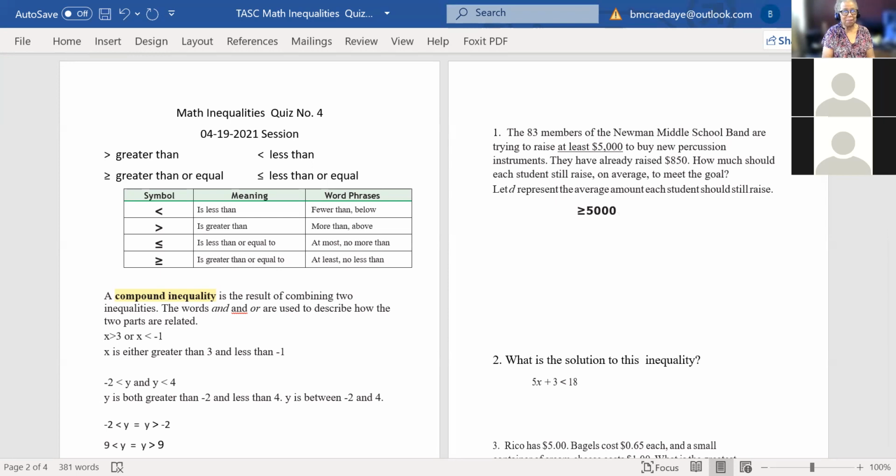Okay. Now look at it. Tell me what goes on the left. What amount must be greater than or equal to the 5,000? 850. That's what they've already raised. The 83 members.